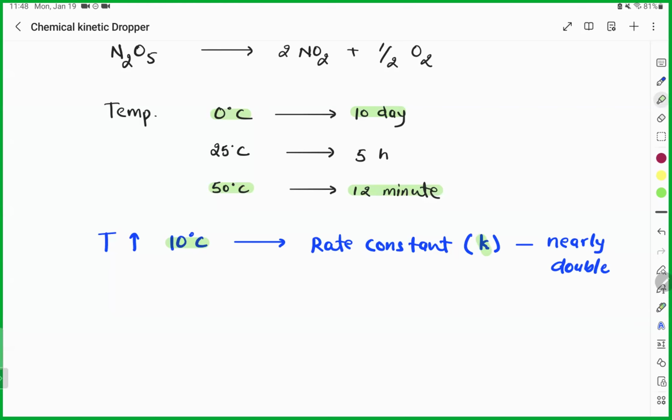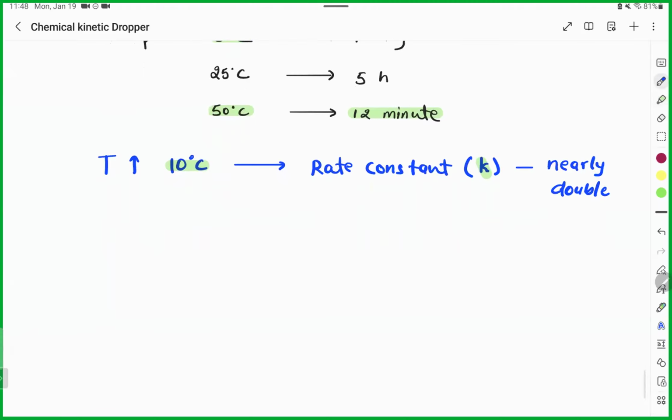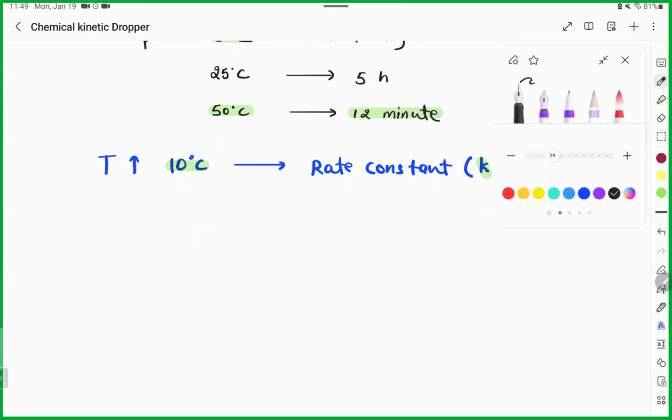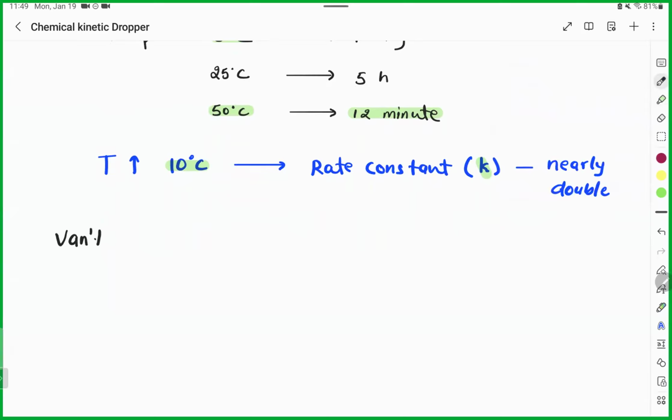Okay. So there was a scientist named Vant Hoff. He was the first one who explained the role of temperature in a reaction. The impact of temperature was first given by Vant Hoff, but the proper proof, proper interpretation, and physical justification was given by Arrhenius.